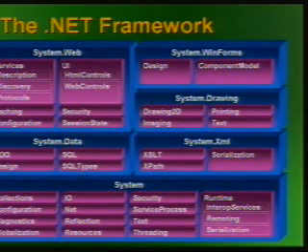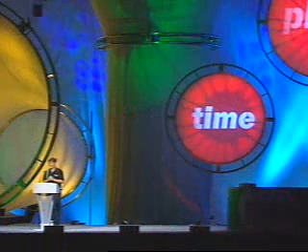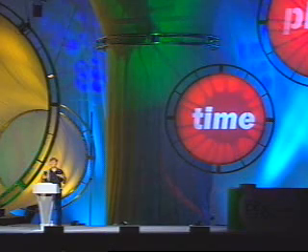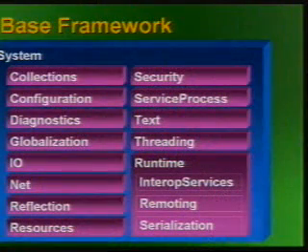I'm going to try and drill in a little more here. A lot of talks throughout the conference will give you more details of these various pieces. But let me first drill into the base class library. In the System namespace itself, we have all of the base data types for the platform. Things even like ints and floats are defined in the base framework. Arrays, strings, the root object, and so forth.